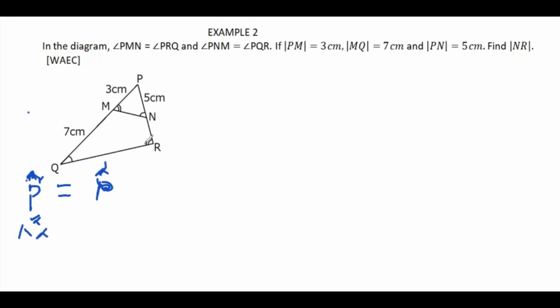Angle M in the smaller triangle is the same thing as R in the bigger triangle.